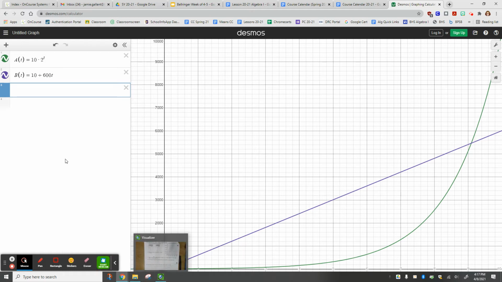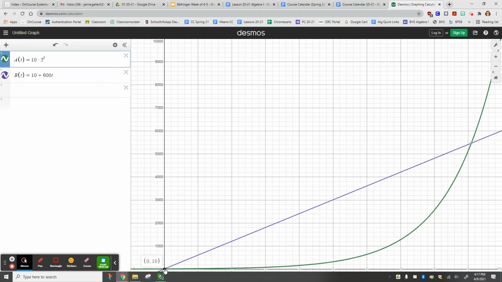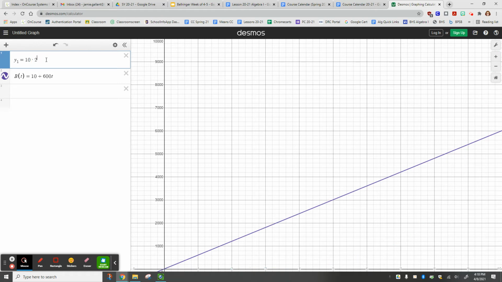All right, so let's graph. We do need some points. Let's do A of t first. I think that was what I did in pink earlier. Oh, I know what we can do. Let's change this A of t to y1 and x. Change this to y2.